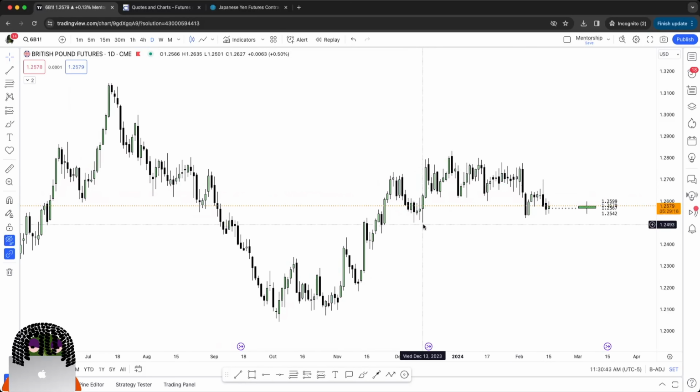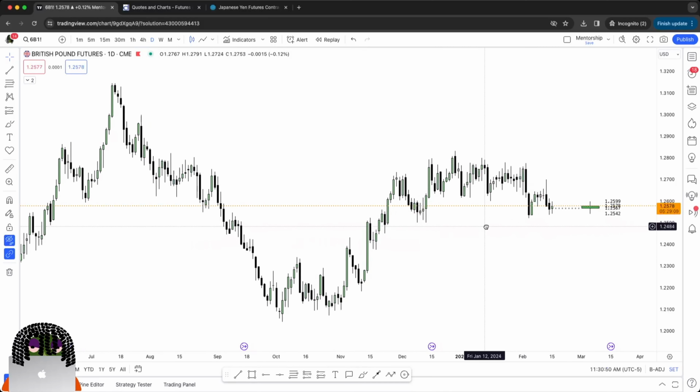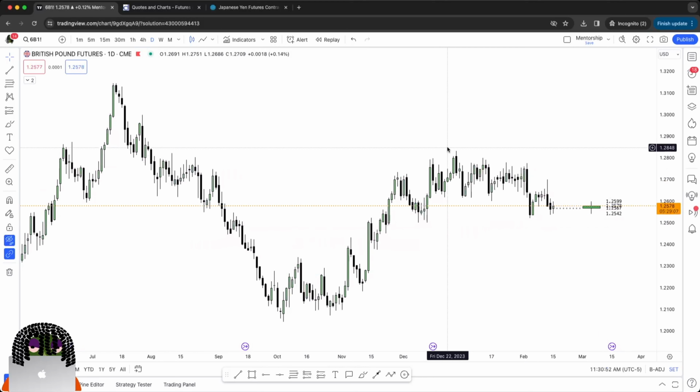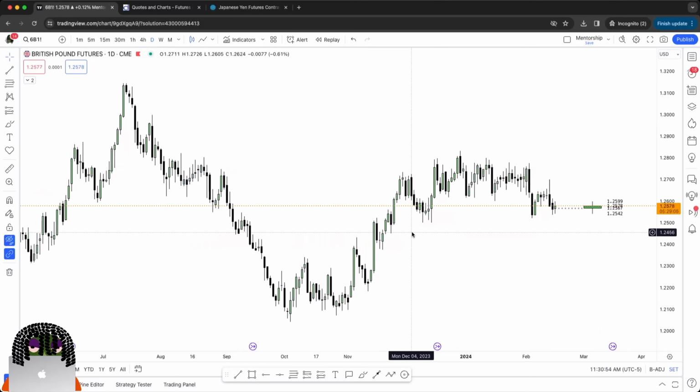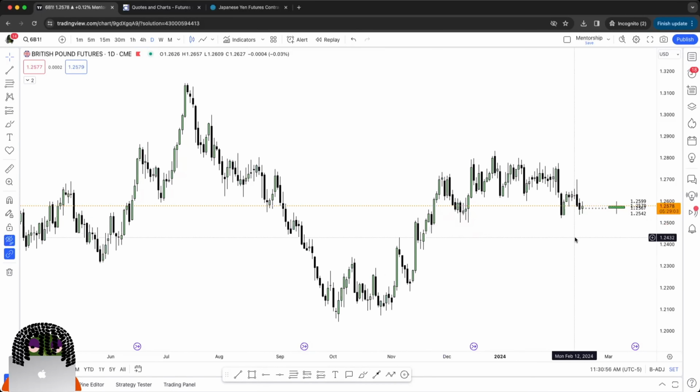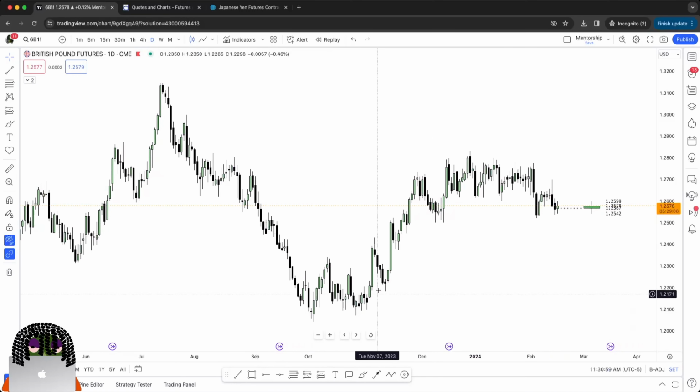Now if it was to take this out, and this, then I would say, okay, that's a market structure shift, and then I would be looking for sales. But right now, as you can see, it's overall bullish. Right now it's just accumulating, manipulating, and then distribution, which I believe this is the accumulation.